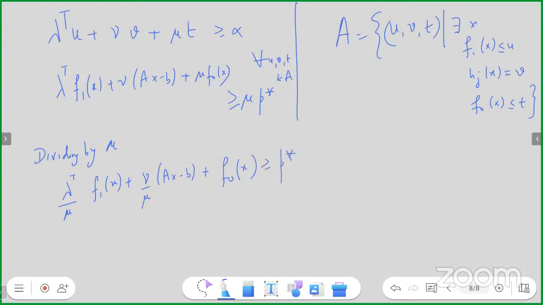Why is this equivalent to the reverse weak duality? Remember what weak duality shows us? The G of lambda, mu. We're showing the reverse direction. What is the definition of G?